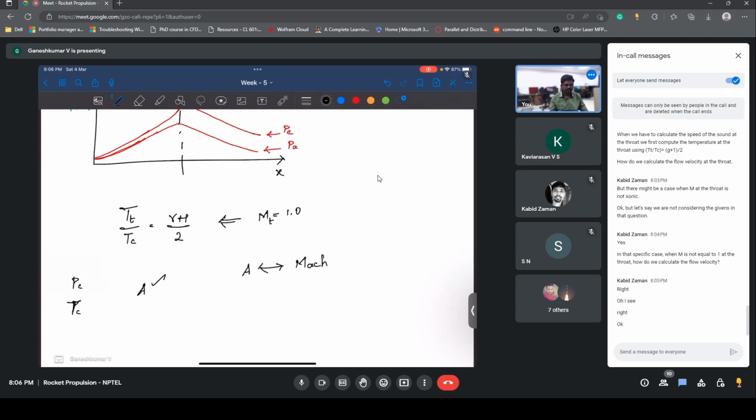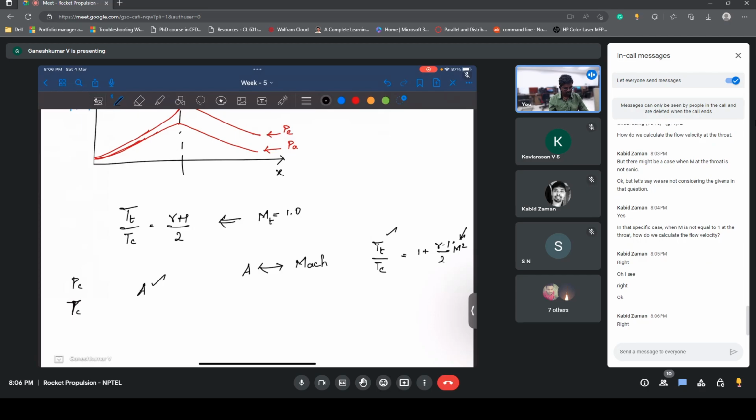That is an isentropic relation, right? Using that, you can find the Mach at the throat. When you find the Mach at the throat, you can use T0 by T is equal to 1 plus (gamma minus 1) by 2 M square, I believe this is the equation. So you put the Mach here, you get the temperature. Once you get the temperature, you find the sonic velocity, and then using the Mach number and sonic velocity, you can find the velocity at the throat.